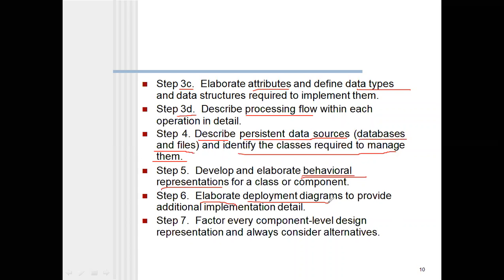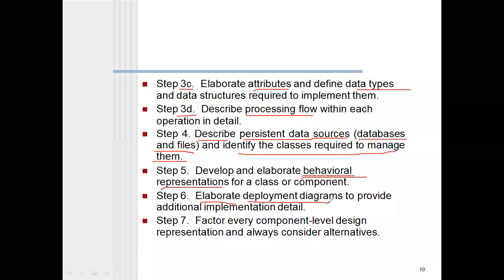Like that, we need to represent some additional implementation details by using deployment diagrams here.